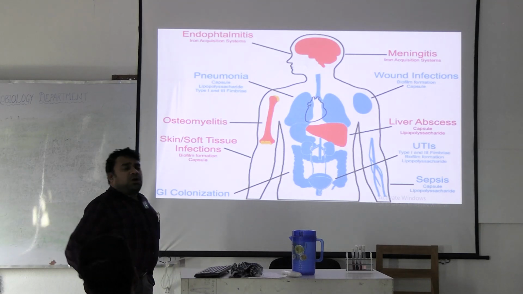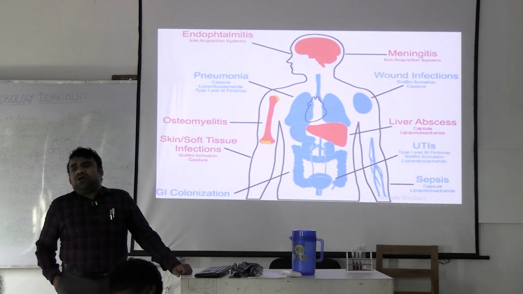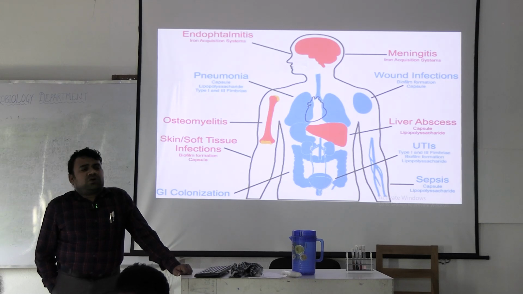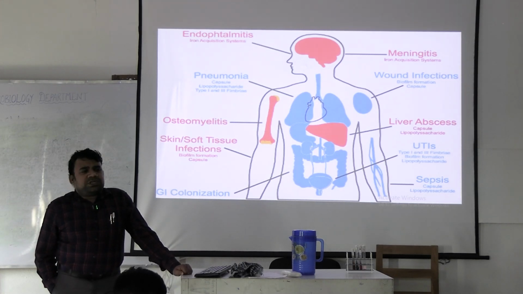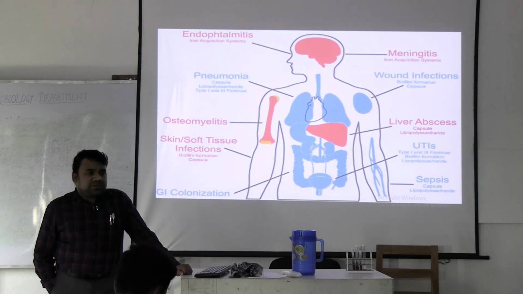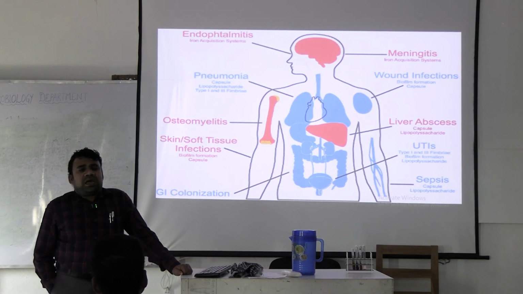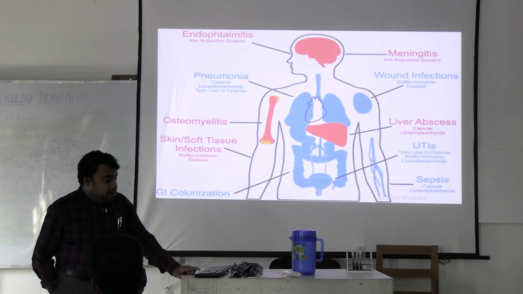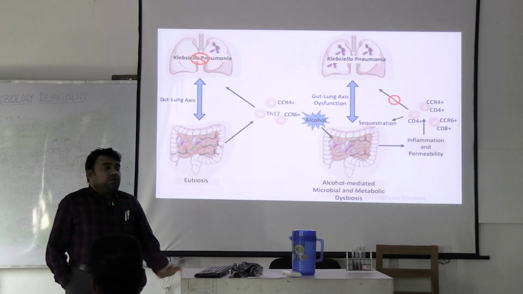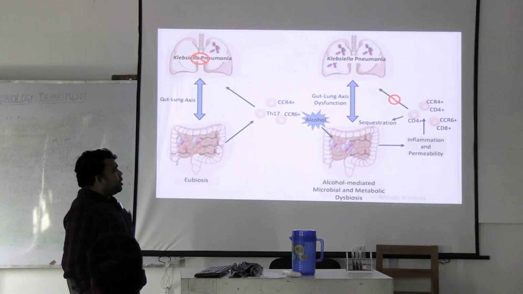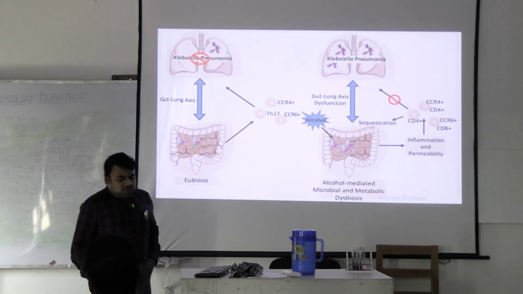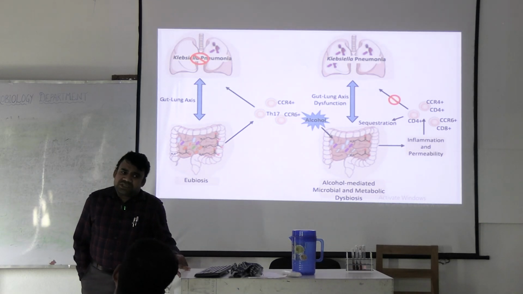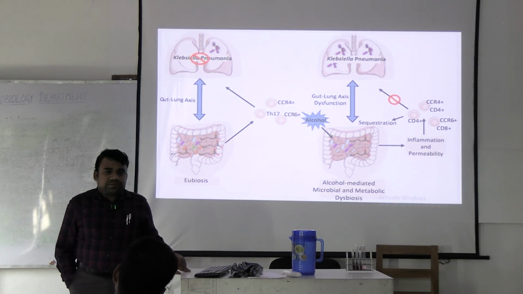A capsule is one of the very important virulence factors of this organism by which it can resist opsonization by macrophages and neutrophils. Hence, it survives and spreads very rapidly. Furthermore, originally this organism was more commonly seen to cause respiratory infections in alcoholics.